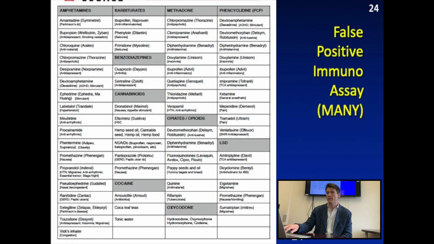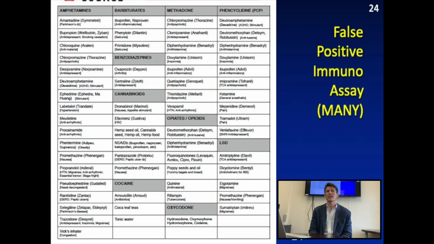This is a slide for reference that lists some of the more common false positives in the different assays. The ones I've come across are bupropion for amphetamines and sertraline for benzodiazepines.